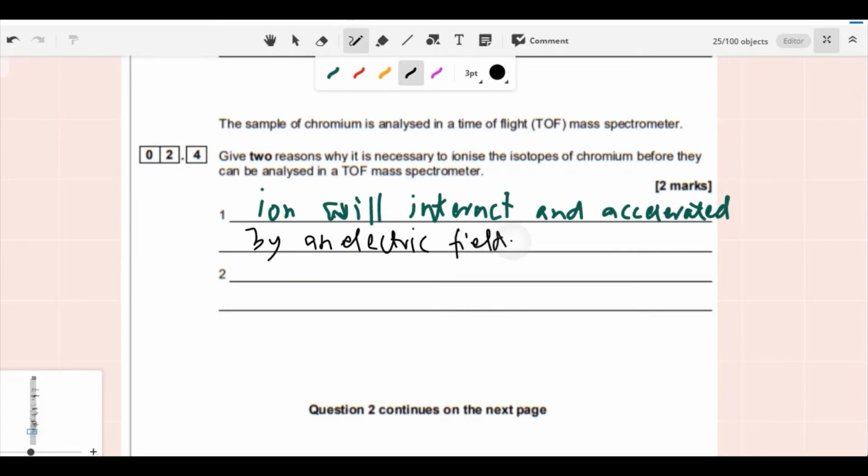Now they contain charges, so they are converted into charged particles, and they can be easily accelerated by the electric field.